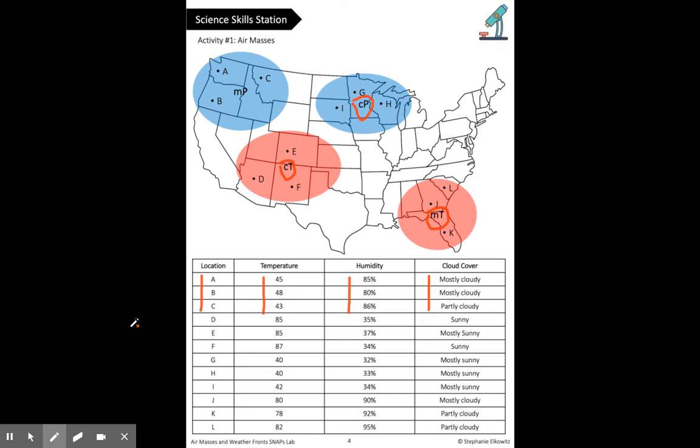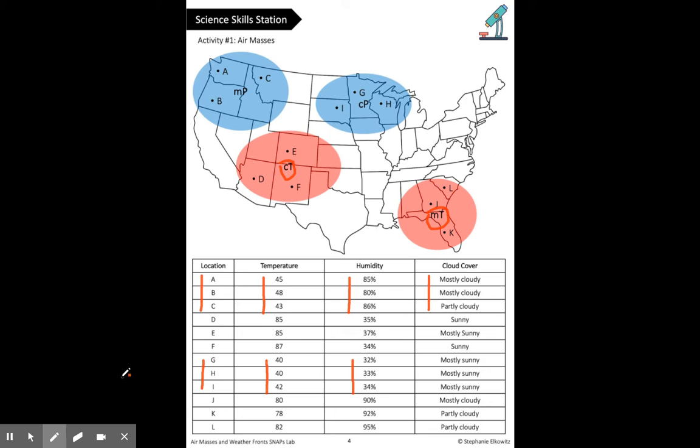Then we have I, G, and H as well. This is a continental polar. Down here on the chart, we have G, H, I. Again, it's polar, so the temperatures are cold, even colder than in the previous polar we looked at. But now the humidity levels are a lot less, and that's because it's continental.